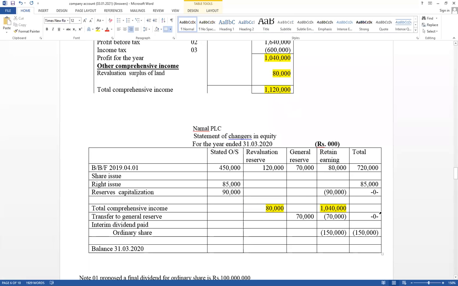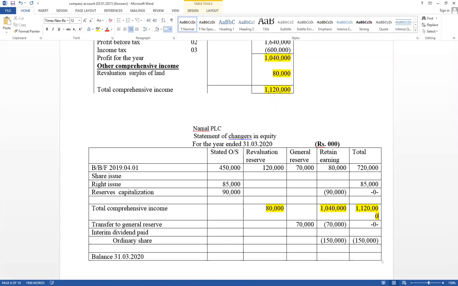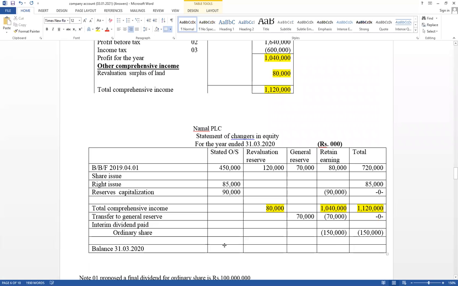And total value should be included. Total comprehensive income should be included in the total column. Right now, take the total values. Each column, think how to disclose as total comprehensive income. Then take the total equity. Those are the values that should be included in the financial position as equity.